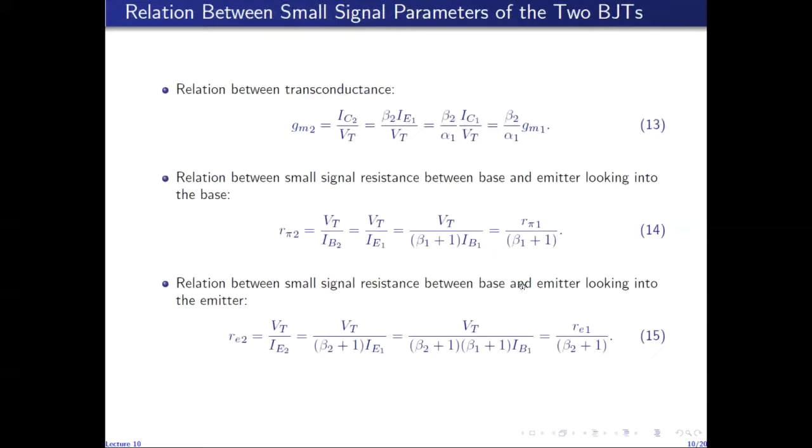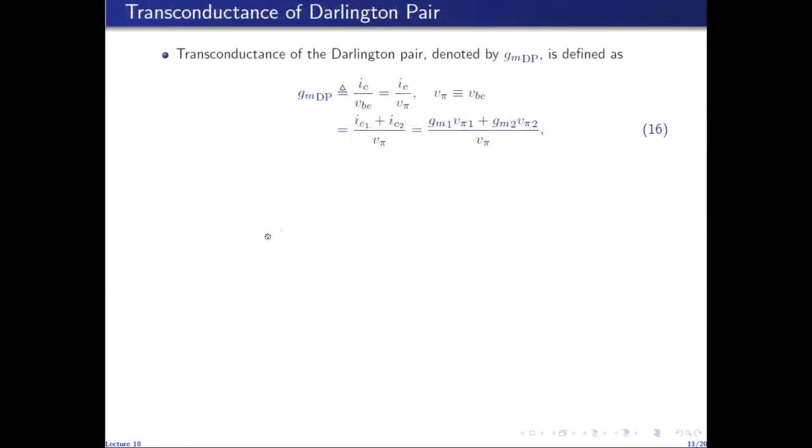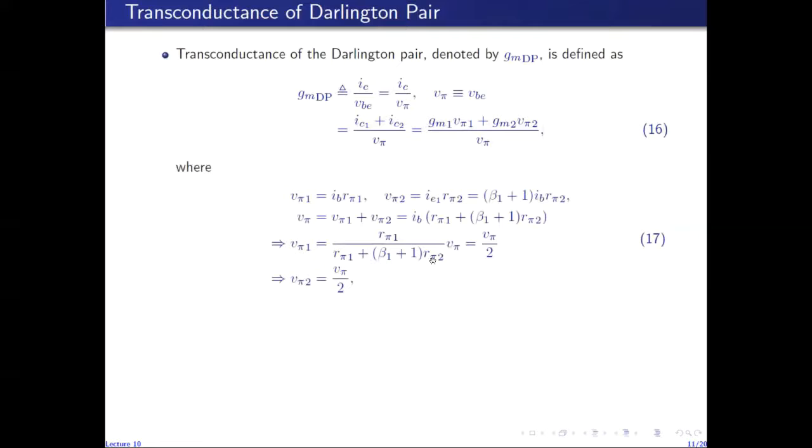And then using this relation, which gives us r pi1 as beta 1 plus 1 times r pi2, we get r pi1 over 2 r pi1, which is 1 by 2. So v pi1 becomes v pi by 2. And since v pi is the sum of v pi1 and v pi2, v pi2 is also v pi by 2.